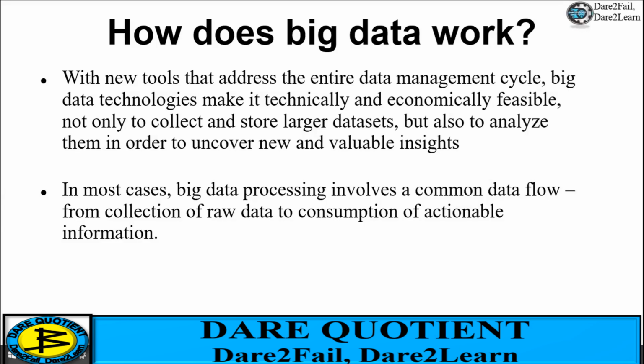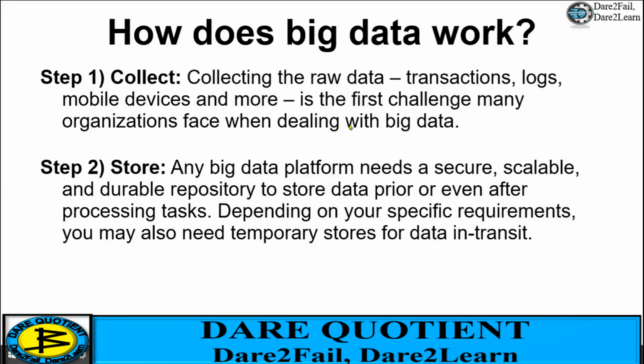And in most cases, it goes from the steps of collection of the raw data, processing or analyzing, storing. So you collect the raw data, you process, you analyze it, you store it. And sometimes once they've stored the data, they can still go through multiple steps of analysis to use them for multiple different purposes. The steps we said, collecting, that's the first step.